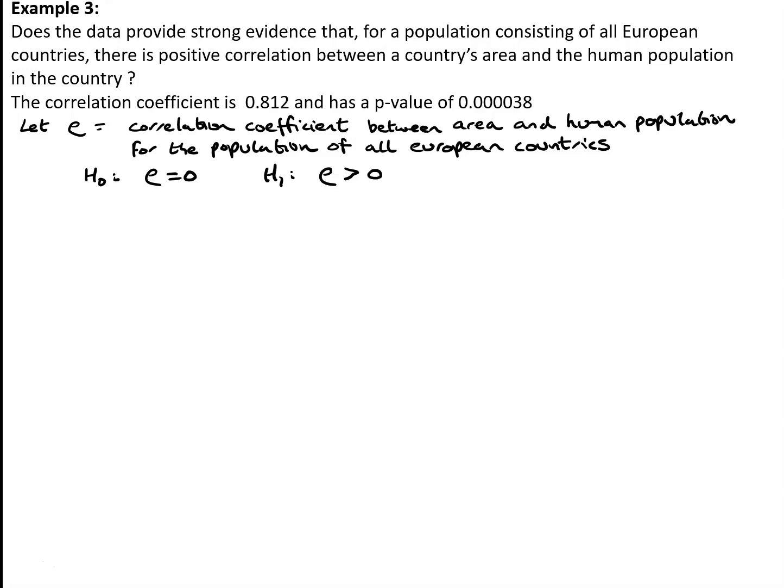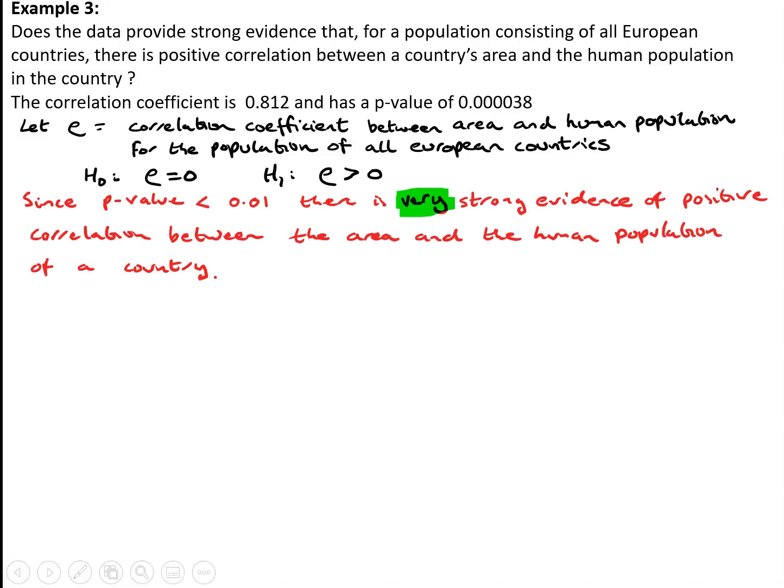The data from our sample of European countries gave us a correlation coefficient of 0.812 and a p-value of 0.000038. Now 0.000038 is much smaller than 0.01.